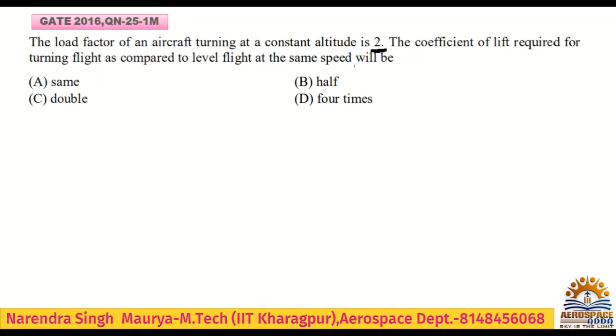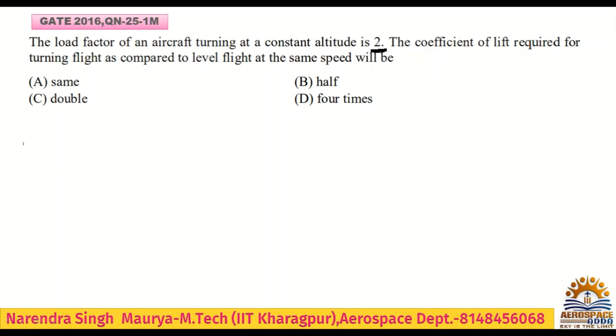The lift coefficient required for the turning flight as compared to level flight at the same speed will be. This is an MCQ. Option A same, option B half, option C double, option D 4 times. So we'll solve this.